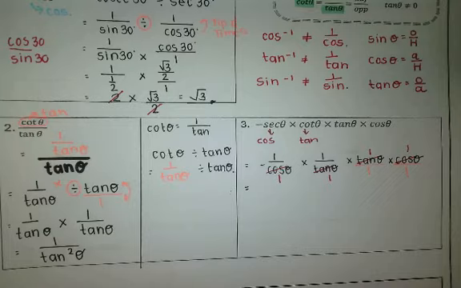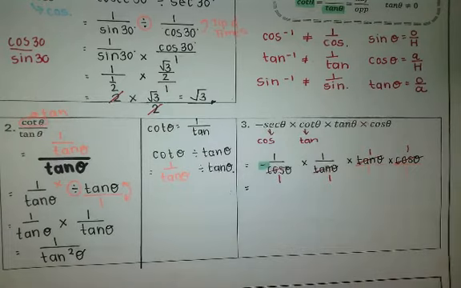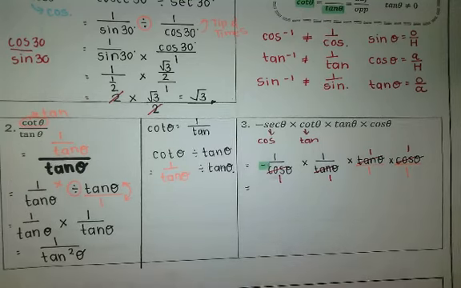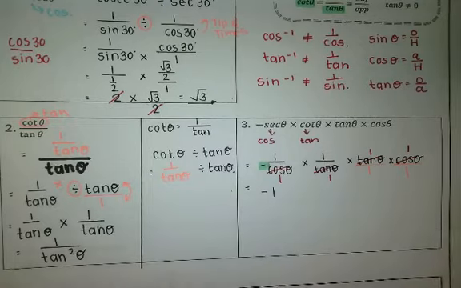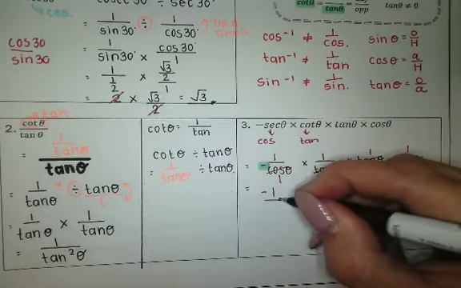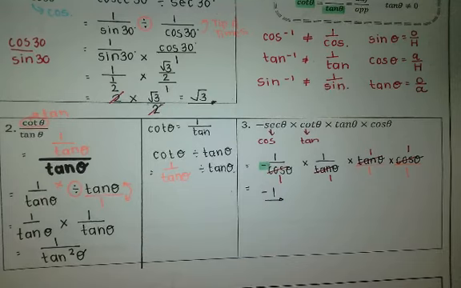Negative. And do you also cancel out the theta? Yes, it's the same as x. X cancels with x. Cos theta cancels with cos theta. So your final answer is negative 1. Negative 1 over 1 times 1 over 1 times 1 over 1 is still going to give you negative 1.